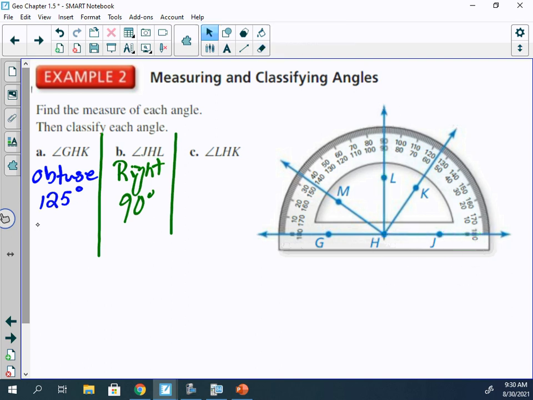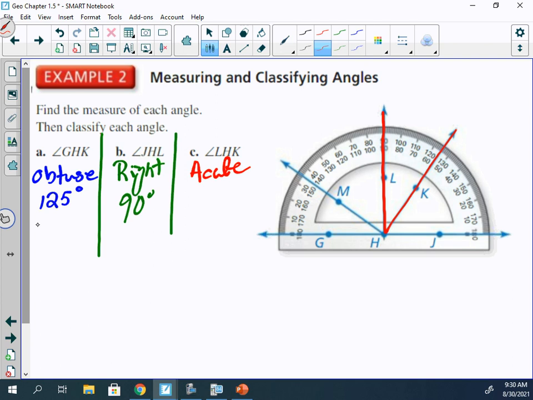Any questions on the first two here? Let's look at the last one, LHK. LHK, I would agree it is acute. Do either of them start at 0? No. So there's two things we can do.